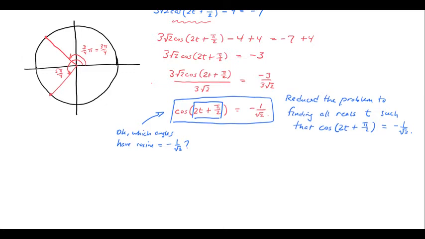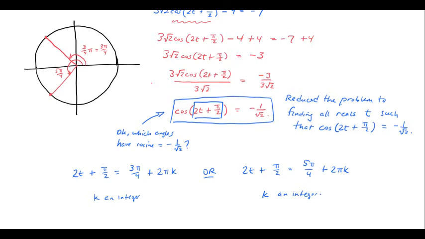All right, so what this tells me is that 2t plus pi over 2 could be equal to 3 pi over 4 plus any number of full rotations, where k is an integer, or 2t plus pi over 2 is going to equal 5 pi over 4 plus any number of full rotations, again k an integer.